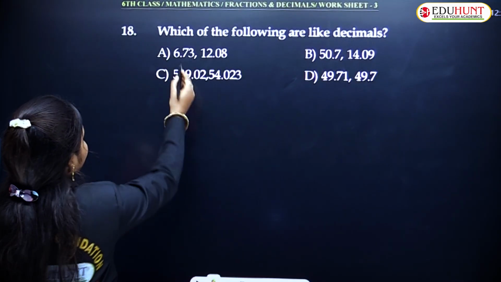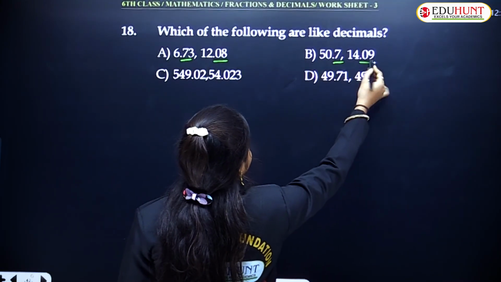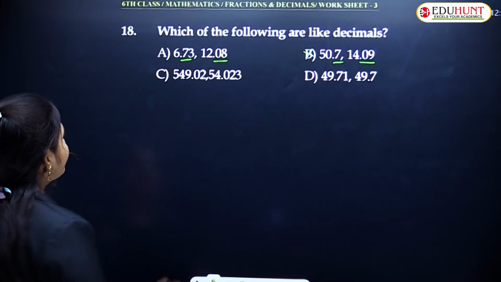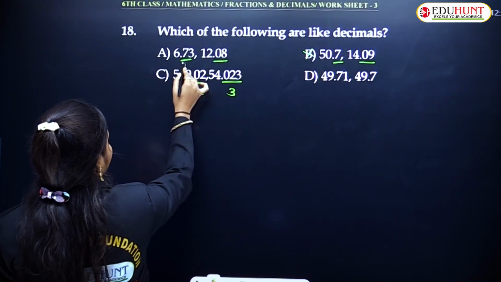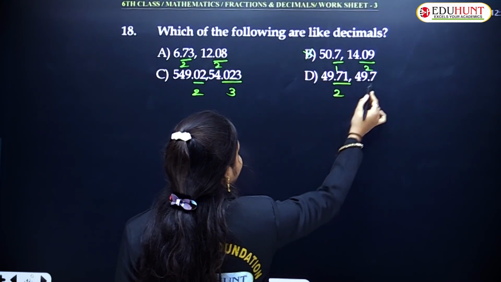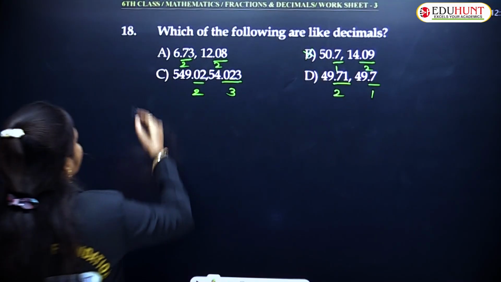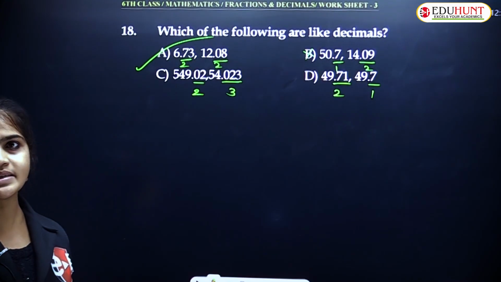Here 2 digits and here also 2 digits. Here 1 digit and here 2 digits, so that is not like decimals. And here 2 places and here 3 places. Understand? So which option is correct? Option A is related to like decimals.